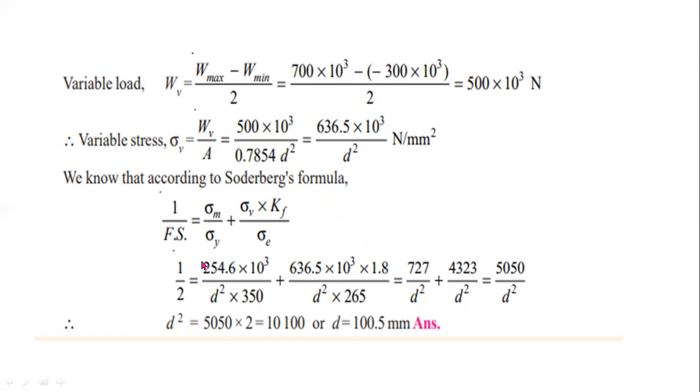So substitute the values of sigma m, sigma v, sigma y, and sigma e. Then you can get the suitable diameter d. The diameter d equals 100.5 mm, which is our required size of the shaft. So this is the answer for this problem.